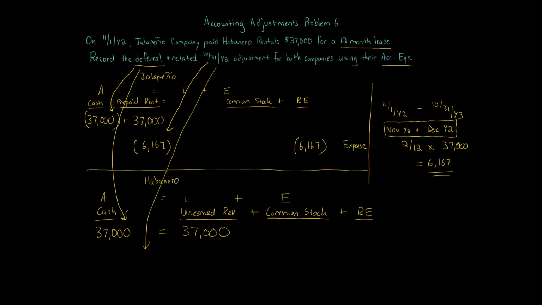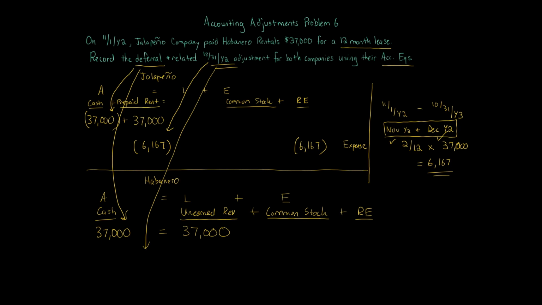No. That's the actual adjustment that takes place. The unearned revenue is reduced by 2 months because 2 months has been performed, November Year 2 and December Year 2. And we're doing the adjustment for December 31st Year 2. So 2 months worth of the 12 months worth of the $37,000 one year lease has now been fulfilled.